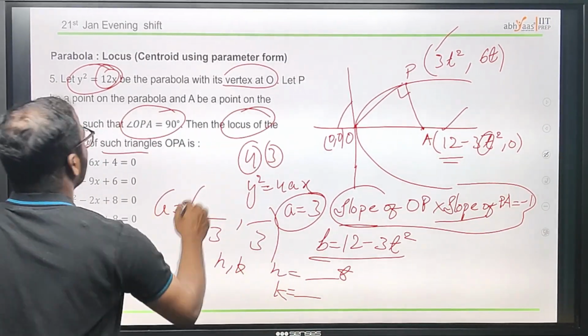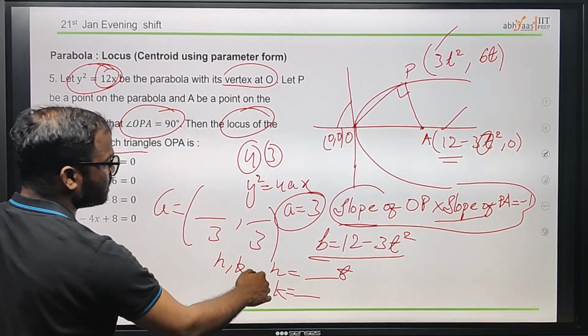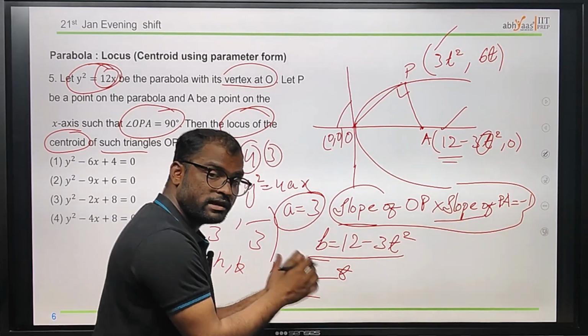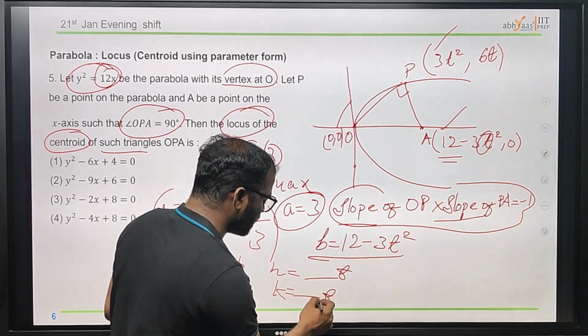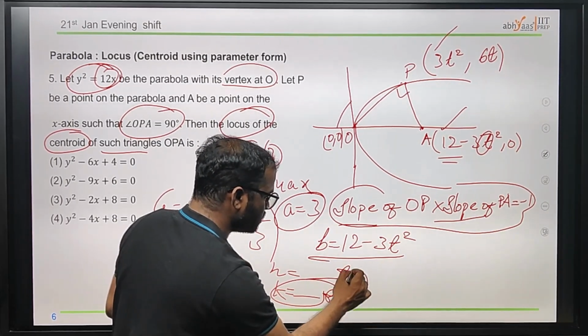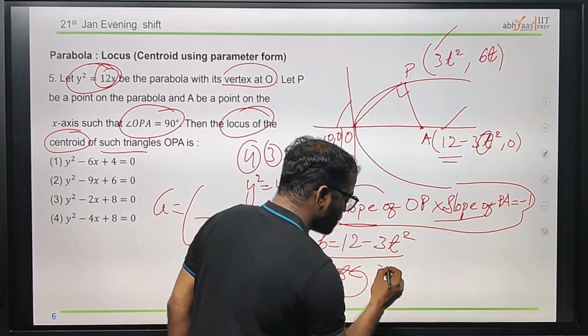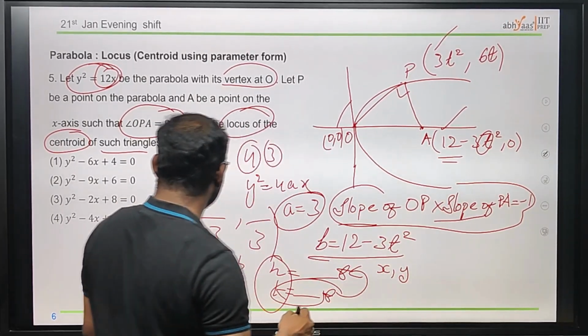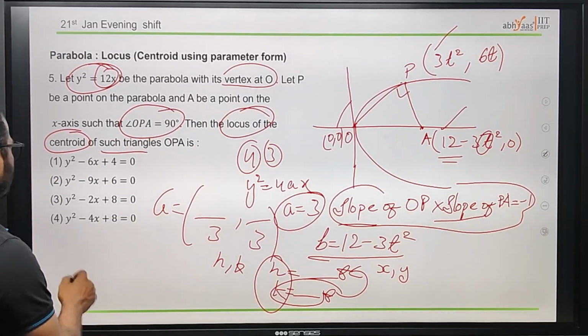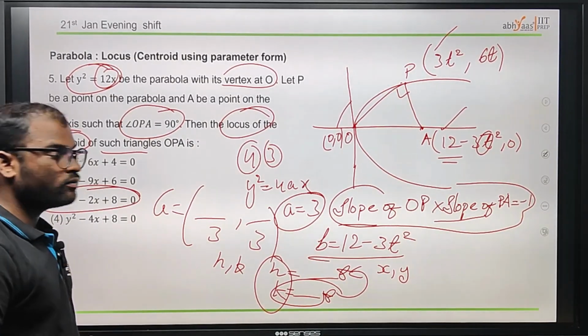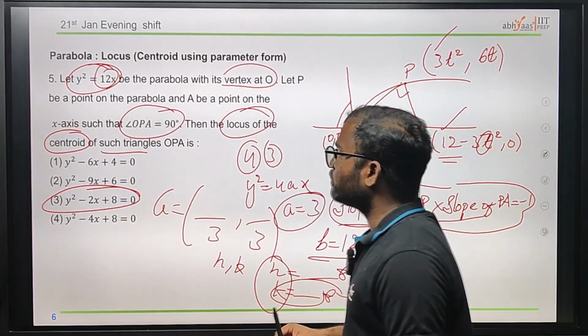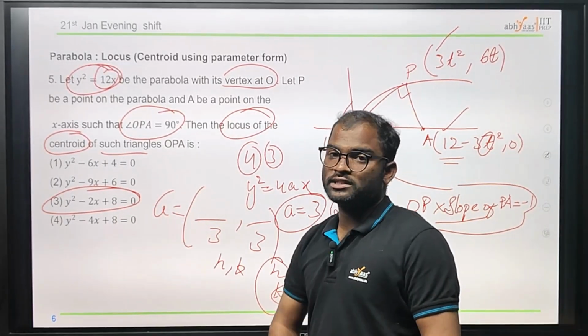How? We have an equation like this. In order to eliminate this t term, just substitute this t in this equation, and also make h comma k as x comma y. Therefore our locus of the centroid will be y square minus 2x plus 8.